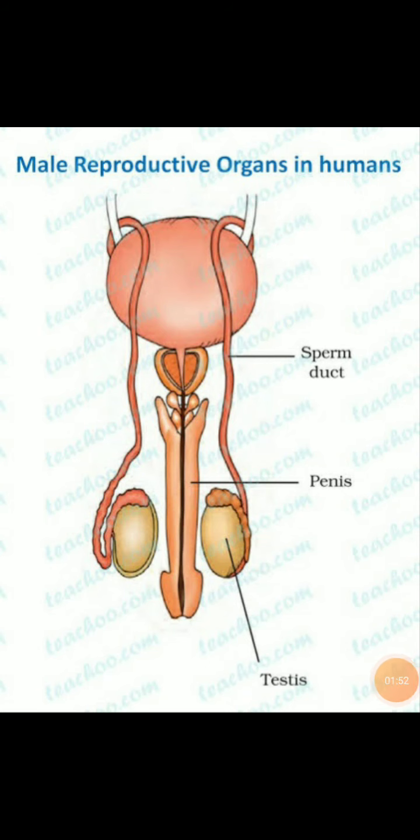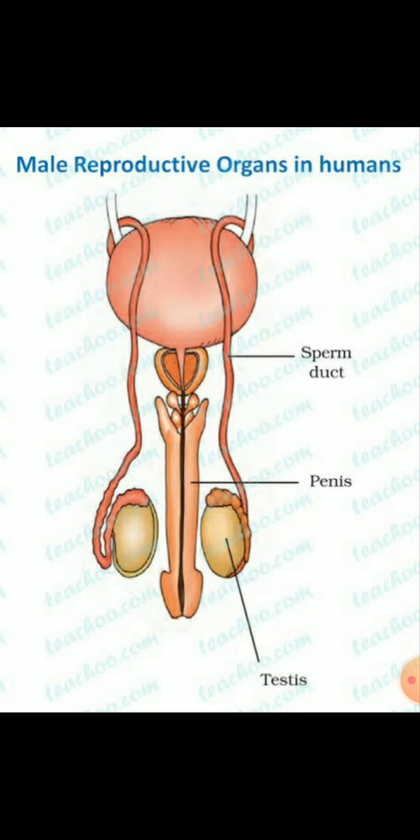Let us now learn the male reproductive organs in humans. First, we have testes. Testes are located outside the abdominal cavity in the scrotum. So, what is the location of testis? It is outside the abdominal cavity in the scrotum.